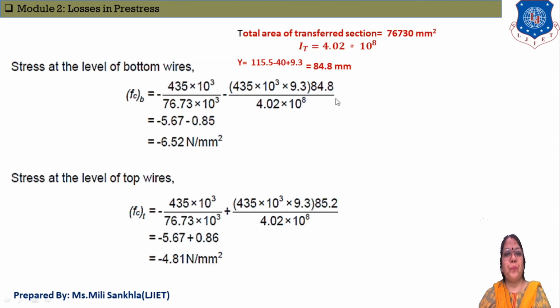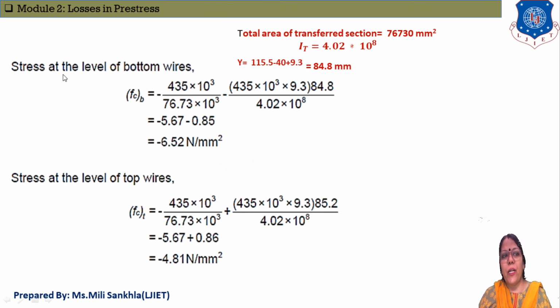Okay, now the total area of this transfer section is 76,730 mm square. IT is the moment of inertia at the transfer section, that is 4.02 into 10 raised to 8 mm raised to 4. And y, what is y? Y is equal to, okay, our stress at the bottom wire and top zone. Now at the bottom, P by A, initial prestressing force 435, then P by A, area is 76,730, minus.